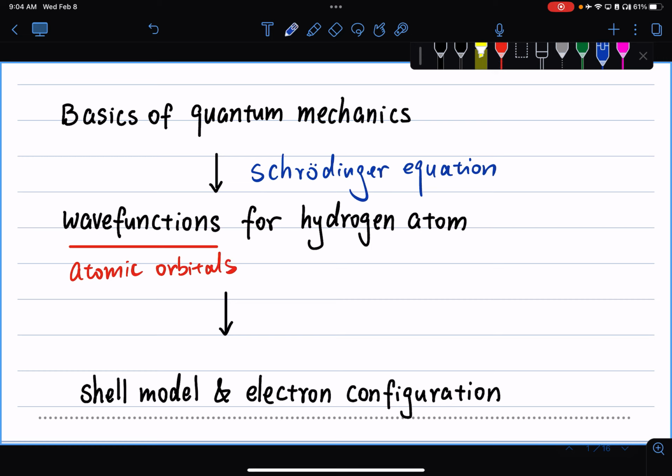And in order to extend our quantum understanding of the hydrogen atom to multi-electron atoms, we use the orbital approximation.